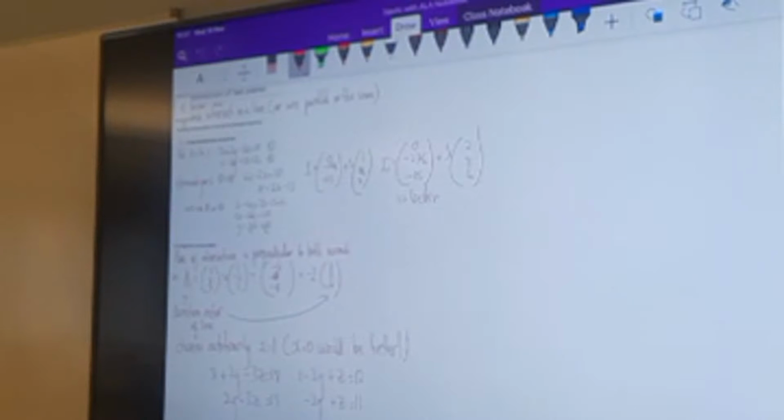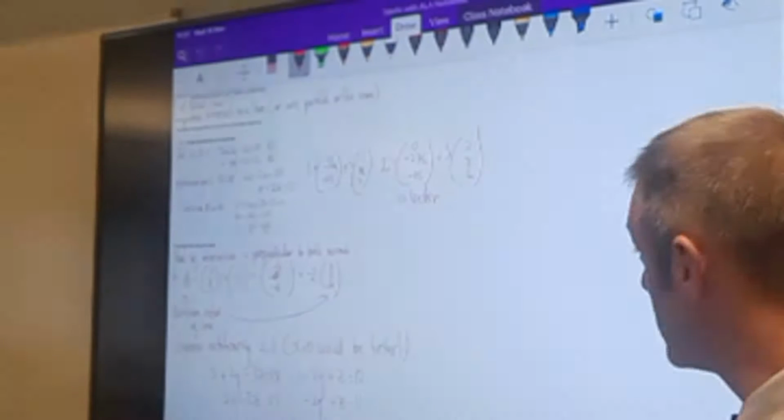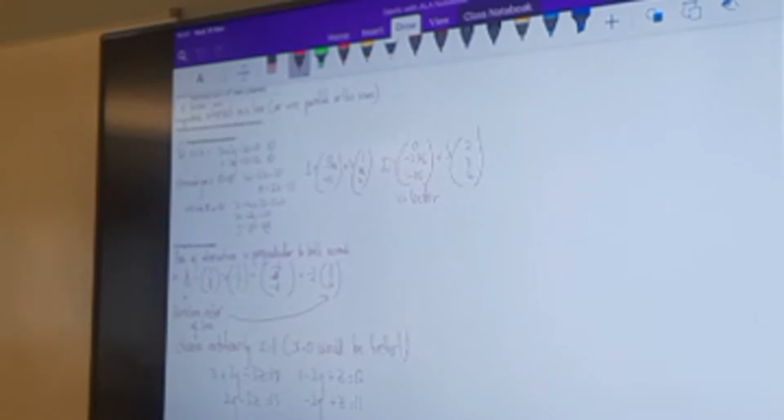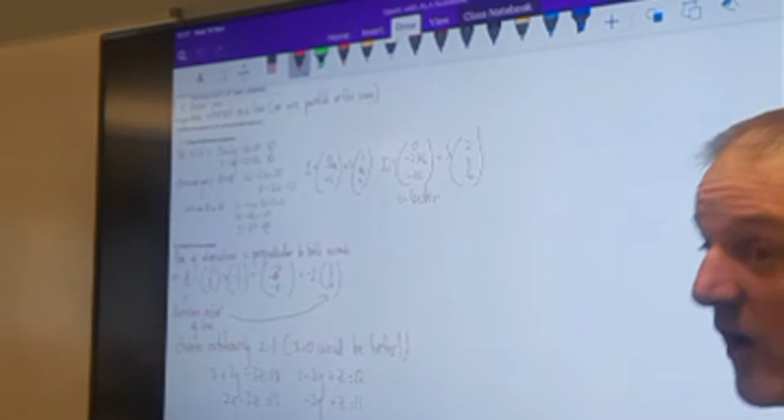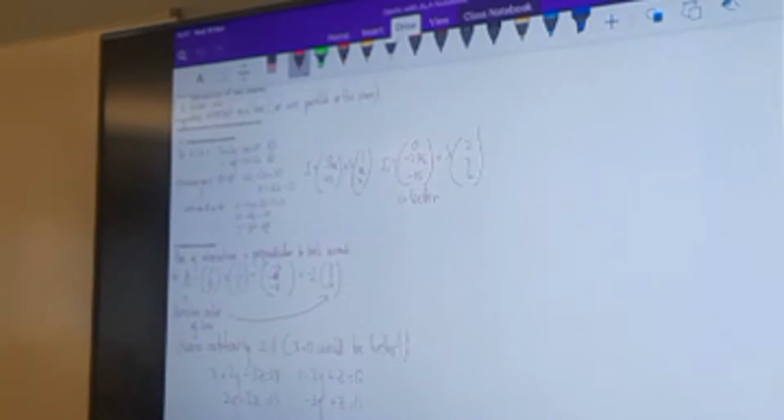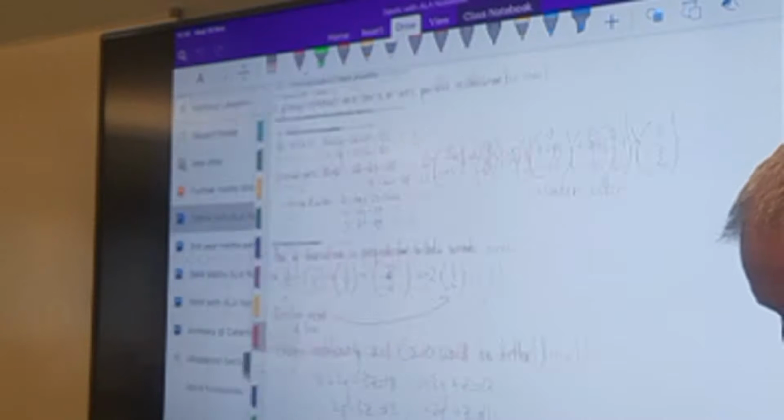The more efficient method used the cross product: when two planes intersect, the line of intersection is perpendicular to the normal of both. So you take the normal of each plane, find the cross product, and you've got a line perpendicular to both. Then you pick an arbitrary value of x, y or z to find a point on that line.